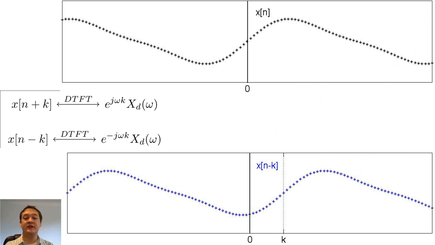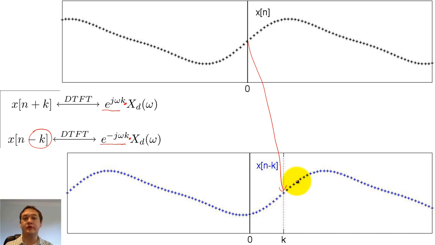If you multiply the DTFT by a constant phase factor, such as e to the j omega k, you will time shift the original signal x of n by that same factor of k samples. I want to make sure that you notice that shifting a signal in time does not affect the magnitude of the DTFT.